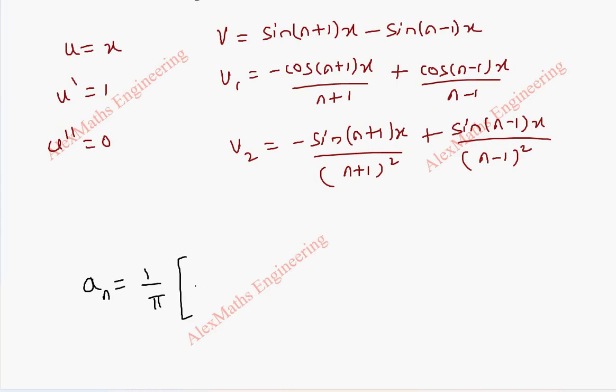The formula is u v1 minus u dash v2 plus u double dash v3 dot dot dot.